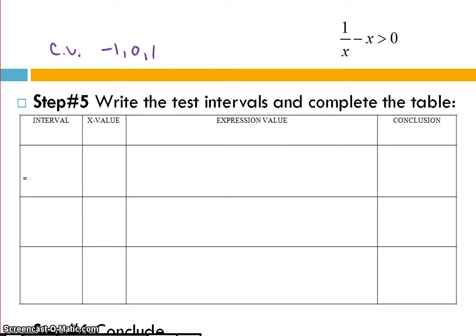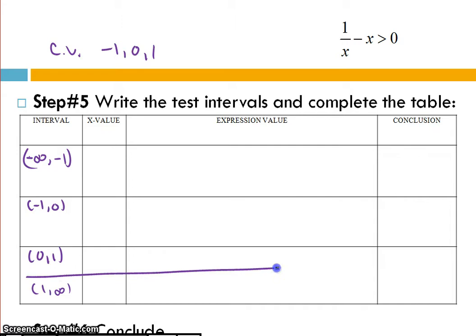To write our intervals, we're going to go from minus infinity to the smallest, then from minus 1 to 0, 0 to 1, and I lost a row in my table, but we're going to go from 1 to infinity.